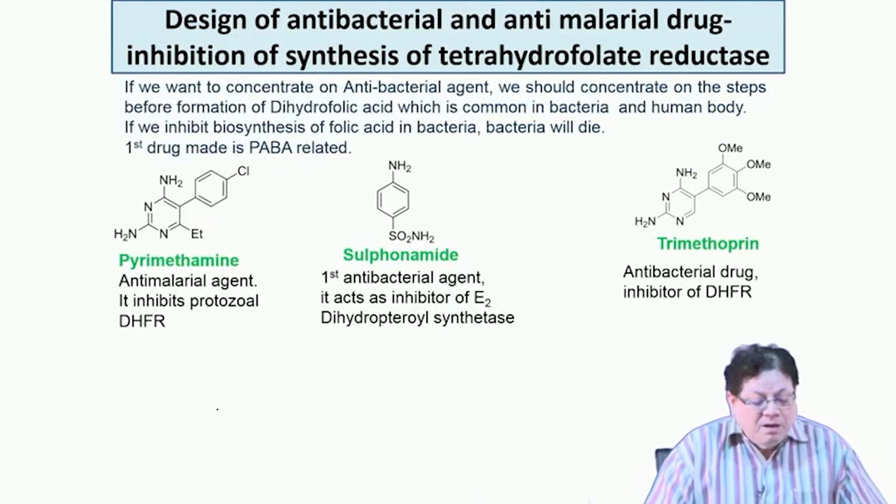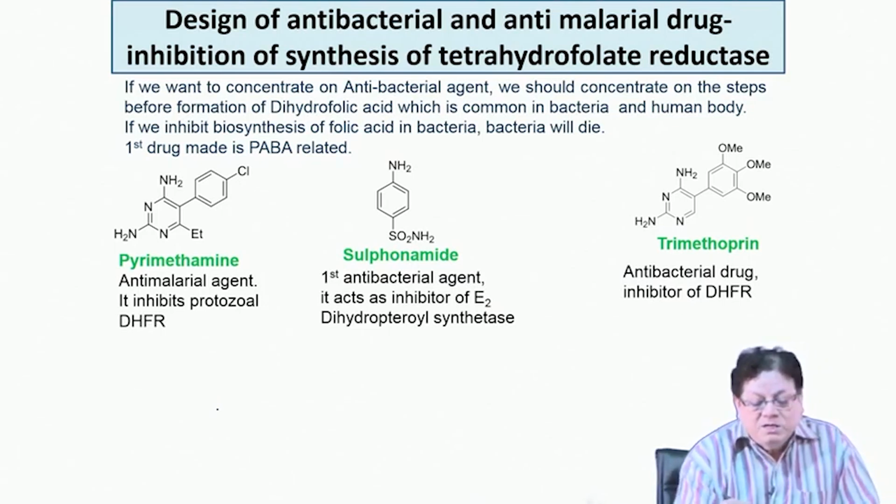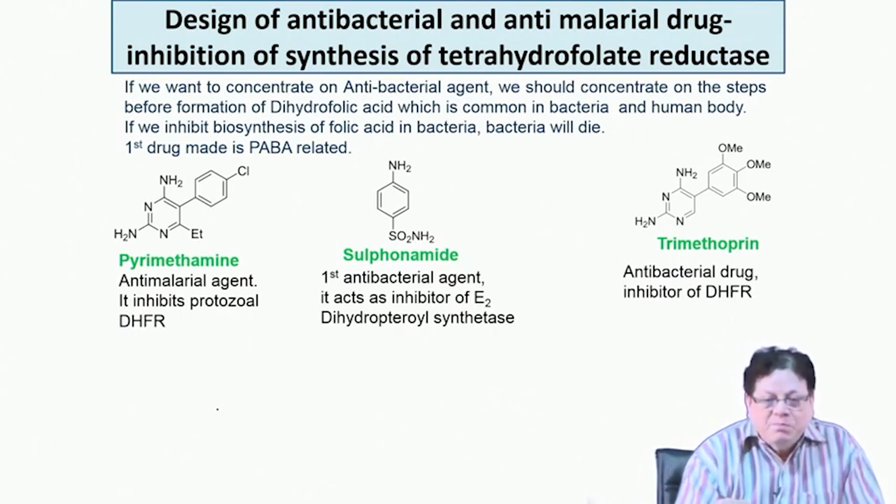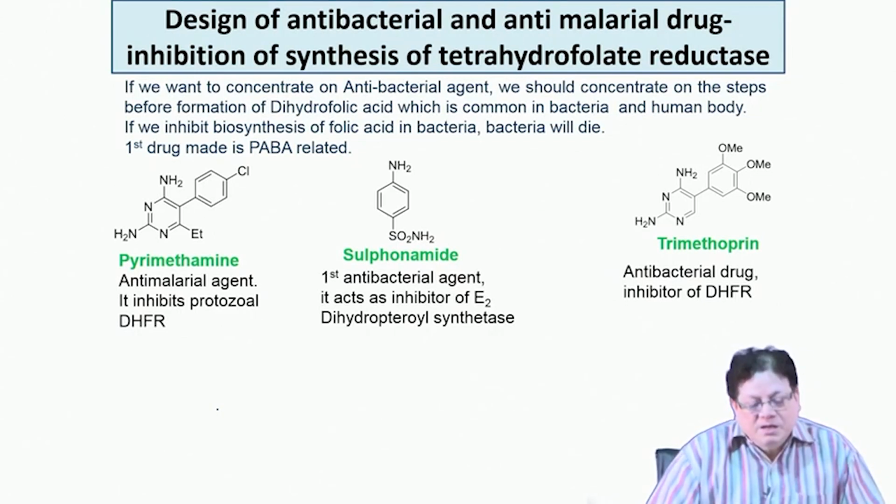Now, last time I also told you that the first type of drug that was developed was targeted to the enzyme which incorporates the para-aminobenzoic acid into the dihydropteridine nucleus.